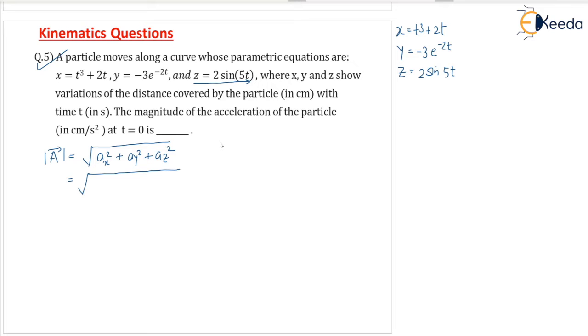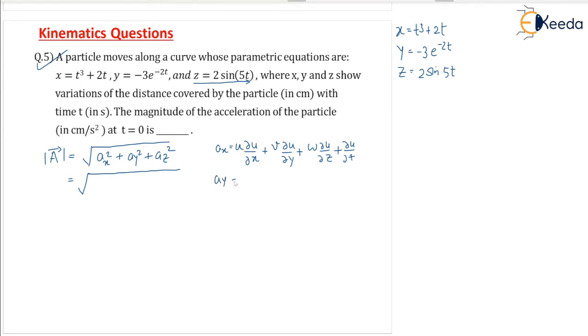So you can see here, ax formula is here. I am writing the full formula. I told you that whenever a question on acceleration is coming, you have to write down the full formula. Initially, ax is u dou u by dou x plus v dou u by dou y plus w dou u by dou z plus dou u by dou t.